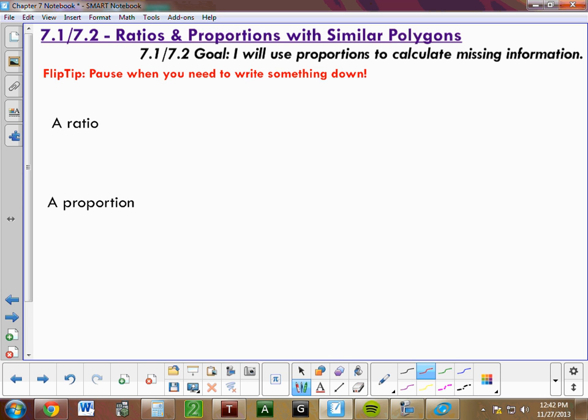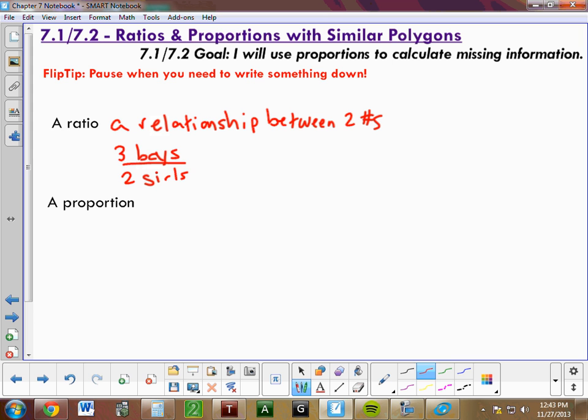A ratio is just a relationship between two different numbers. It can be 3 to 5, boys to girls, or 8 wins to 2 losses. For example, 3 boys to 2 girls in a class, or 3 wins to 7 losses for a football team.